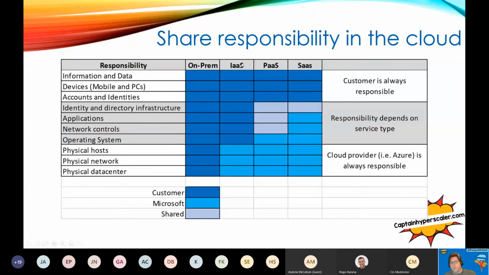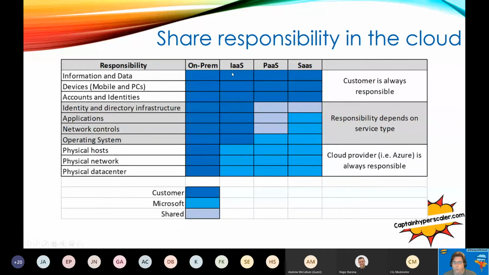And as we go up the services, you can see that you have much more responsibility as we start with infrastructure services than platform and SaaS-based services.